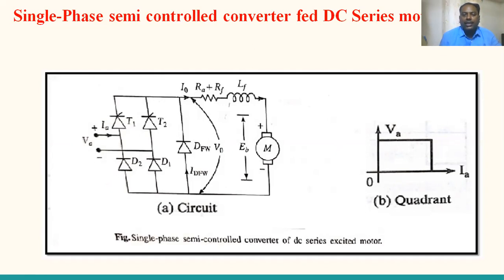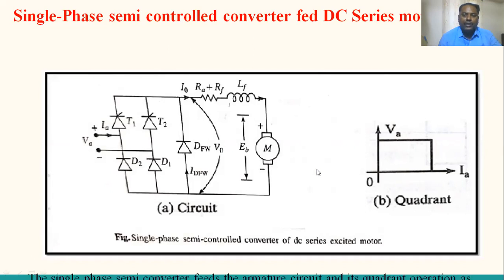During the negative half cycle, T2 D2 operates. As long as power is transferred from source to load, the average output voltage and average output current are both positive. Therefore, the power developed is in the first quadrant. That is forward motoring. So this drive allows first quadrant operation where the power developed is positive.